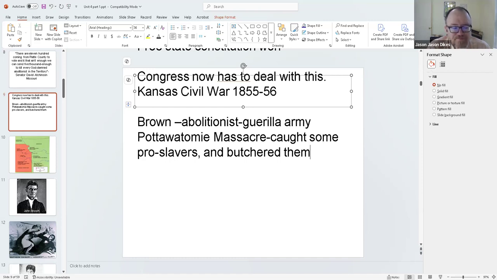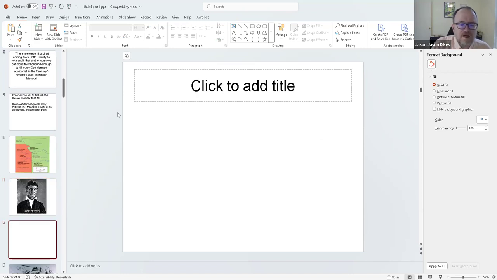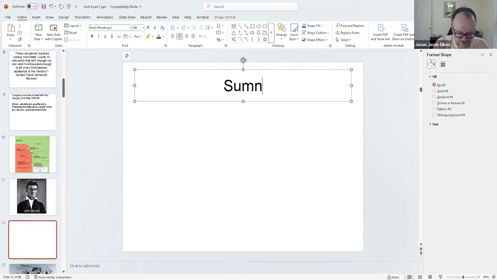So it's a sign of what's coming, that Americans are willing to butcher each other in these ways. We'll run into Brown again later on. Meanwhile, in Congress, the battle over Kansas will lead to the Sumner-Brooks affair.